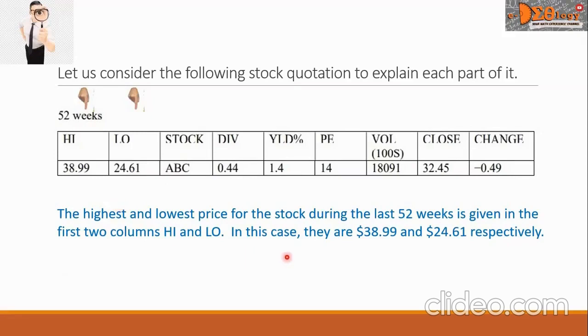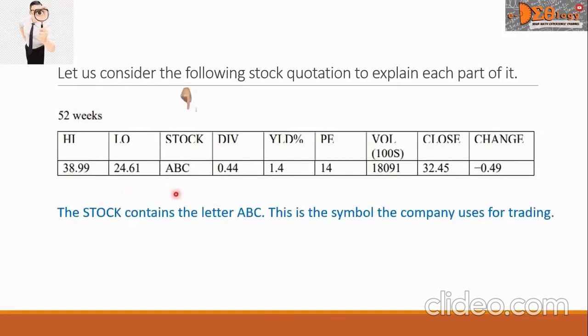In this case, they are $38.99 and $24.61 respectively. The stock contains the letter ABC. This is the symbol the company uses for trading.